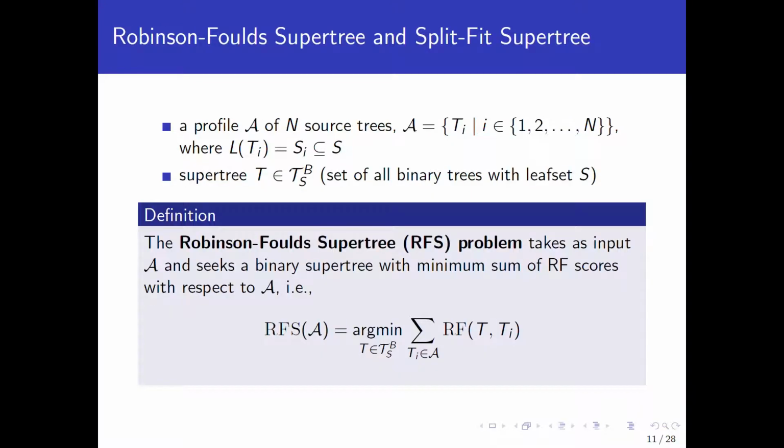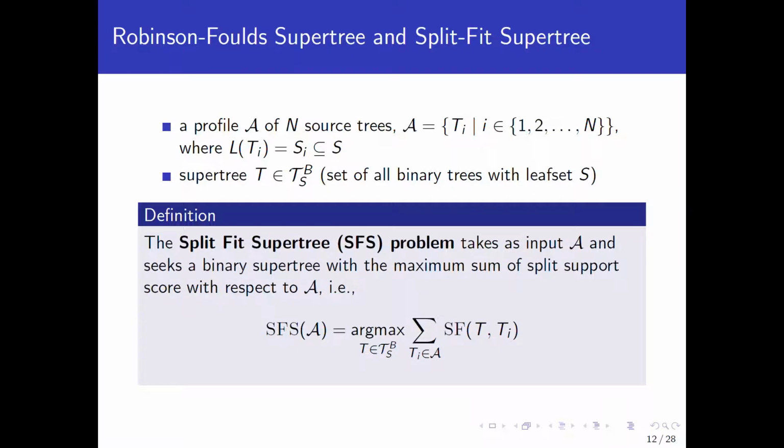Next, we define our Robinson-Foulds supertree and split-fit supertree problems formally. We're given a profile A of n source trees T1 to Tn, where the leaf set of Ti is Si, which is a subset of S that represents the set of all species. And we want to find a binary supertree that optimizes some criterion. For the Robinson-Foulds supertree problem, we want to find a binary supertree with minimum sum of Robinson-Foulds scores with respect to the source trees.